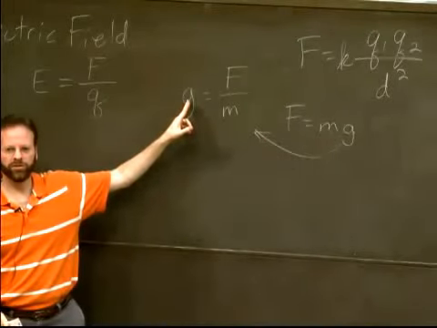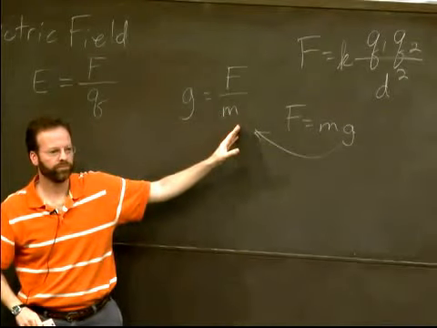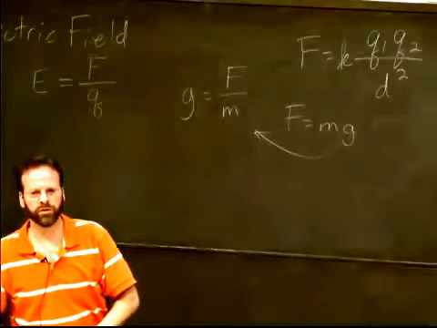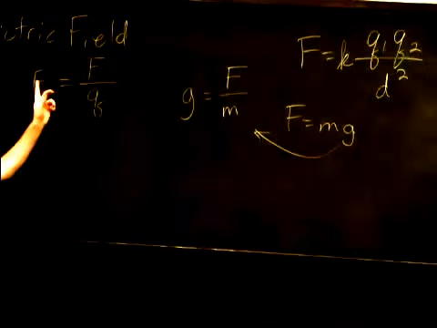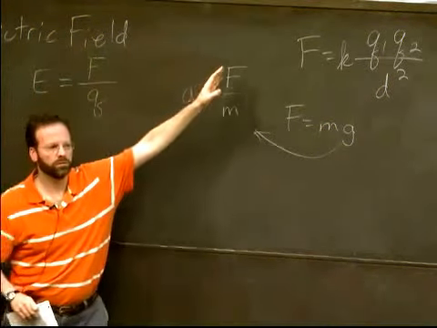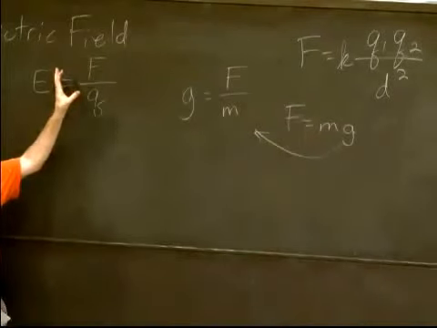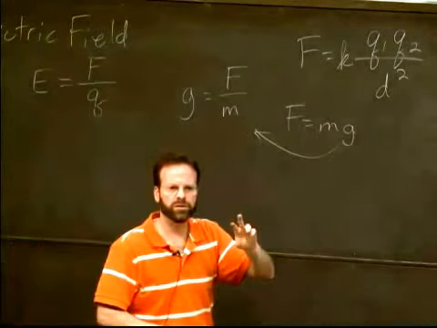This gravitational field, another way to think of it is a force per mass. You want that mass to accelerate, put it in a gravitational field. If you want this charge to accelerate, put it in an electric field, and it'll feel a force. This one's only attraction, where this one can be attraction or repulsion, because you can have two types of charges. Does that make sense?